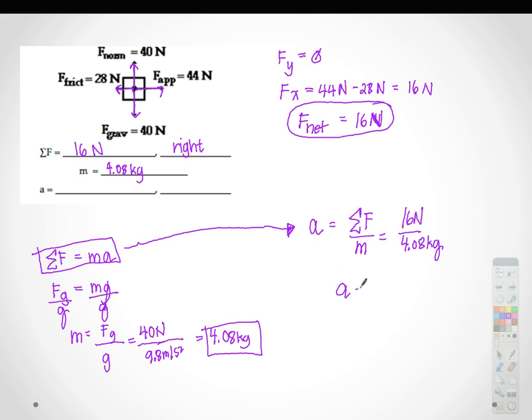Then your acceleration should be equivalent to 3.92 meters per second squared. And then what is the direction of the acceleration? It is going to the right because the force here is greater. Okay, that's it.